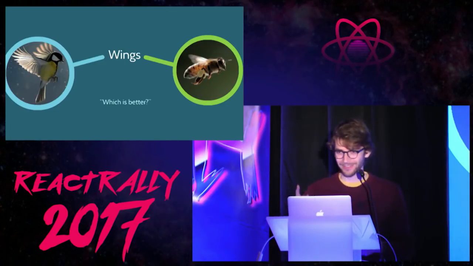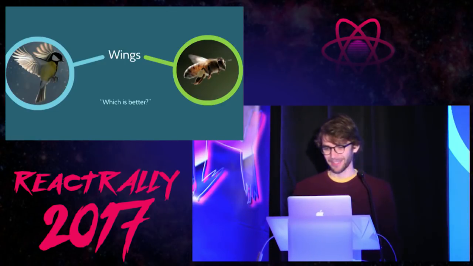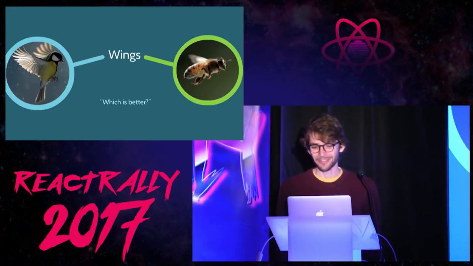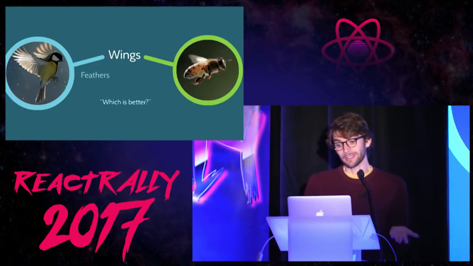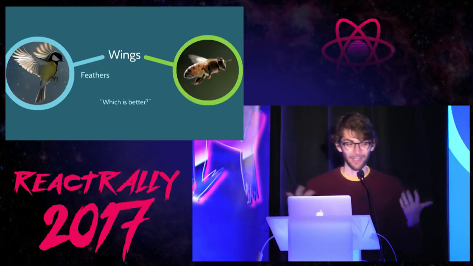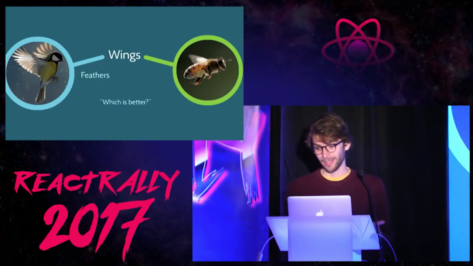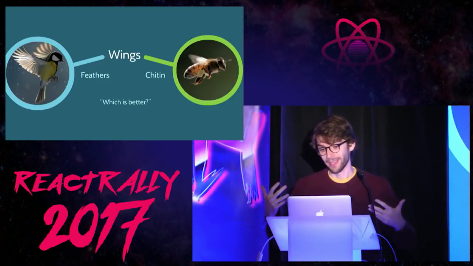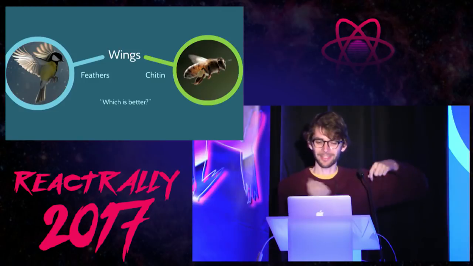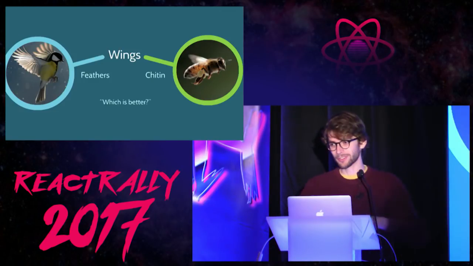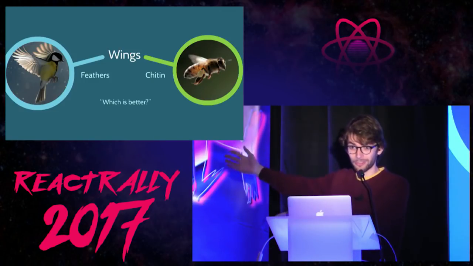Who did wings best? And so one person may say, okay, well, birds, they have feathers, that's pretty cool, whereas bees have chitin. With feathers, if one gets damaged, it can be replaced, whereas if chitin gets chipped, it's just bad now.